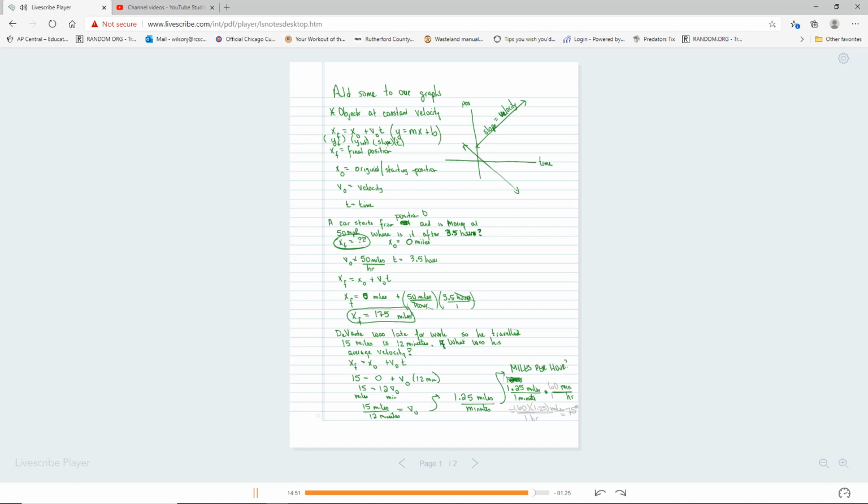And what's the relationship between minutes and hours? 60 minutes in an hour. So that would give me 60 times 1.25 miles over 1 hour. So let's see, 60 times 1 1/4 would be 75. So he went 75 miles per hour.